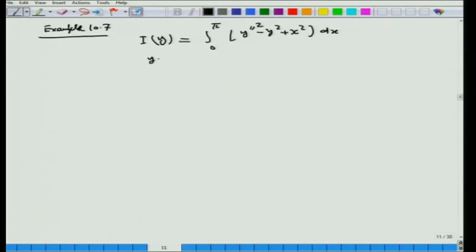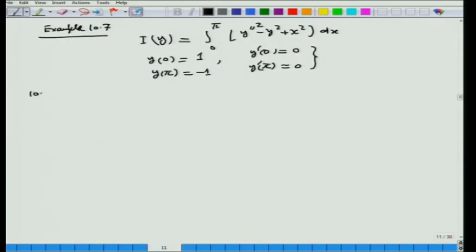The conditions are y 0 equal to 1, y prime 0 equal to 0, and y pi equal to minus 1, and y prime at pi equal to 0.